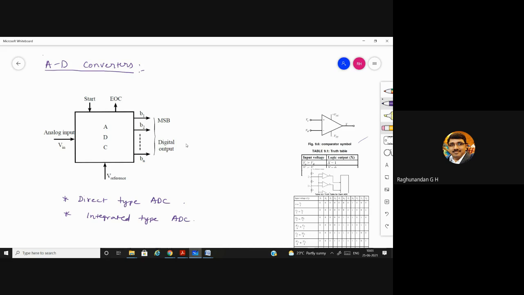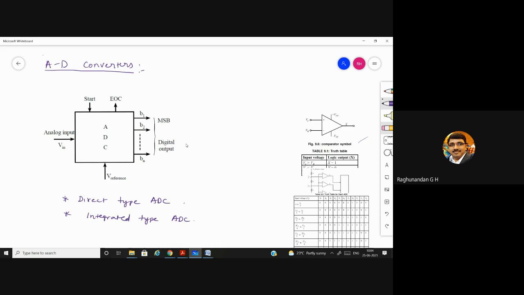Integrated type ADC means everything comes in the form of an IC. It will have everything embedded in it, and in this kind of ADC, we don't need to combine many components together. Everything is integrated in a single IC, and that works as the ADC.